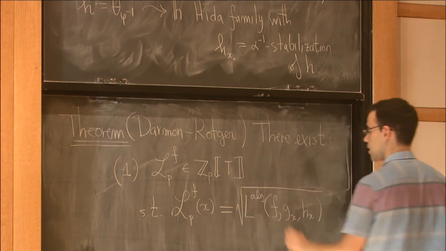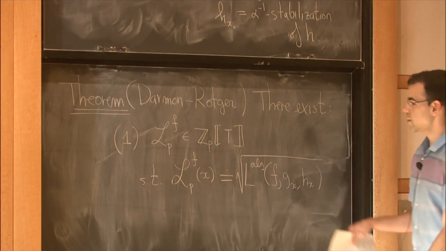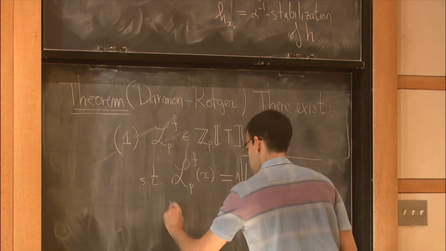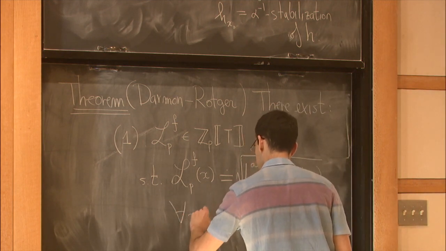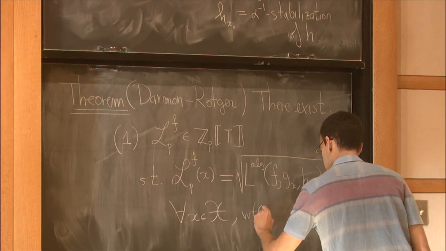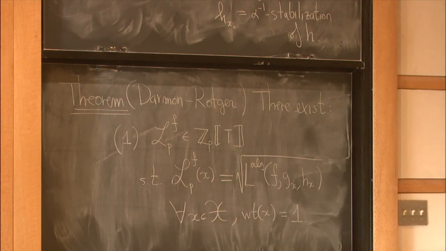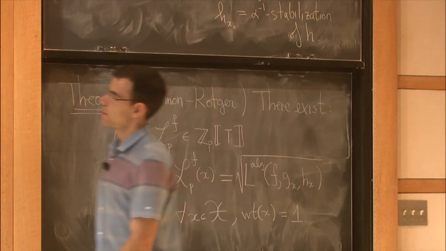This interpolation property takes place at the points x of weight 1. So that's one of the ingredients. There will be two more.